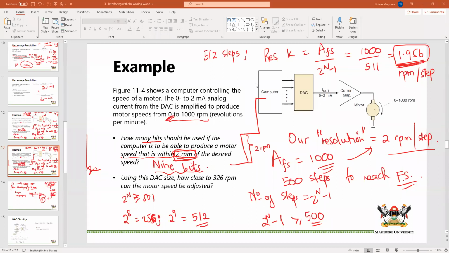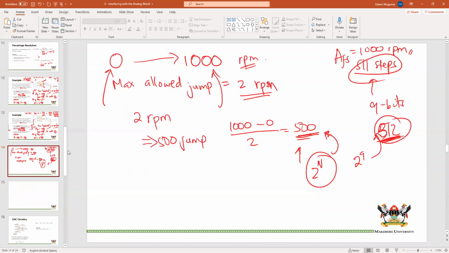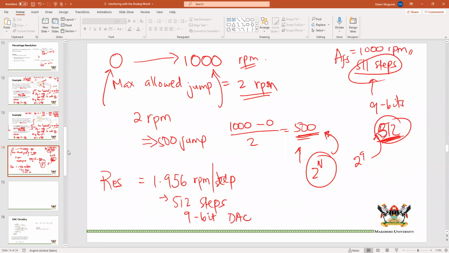If you use 1.5, you will end up requiring more steps, and so more bits. We have seen that our resolution is now 1.956 revolutions per minute per step. And this corresponds to 512 steps and a 9-bit DAC.